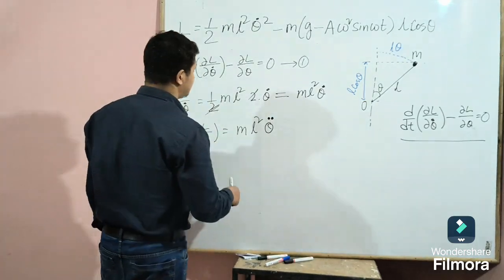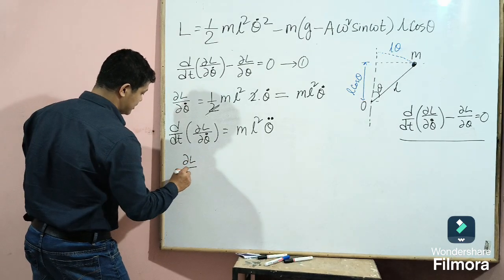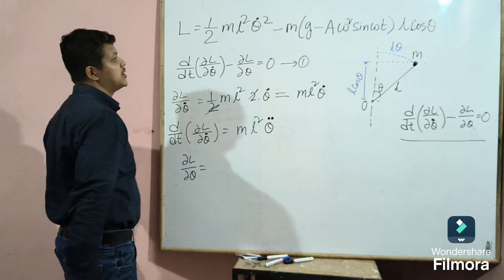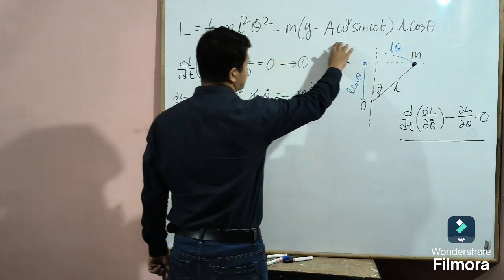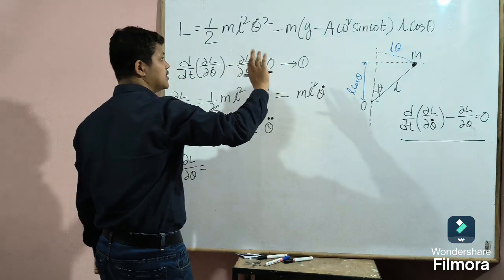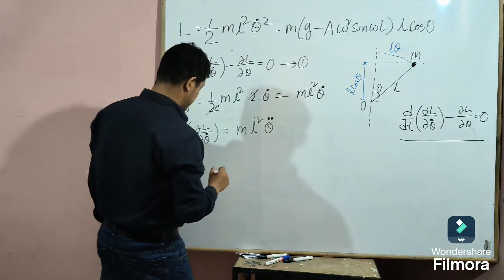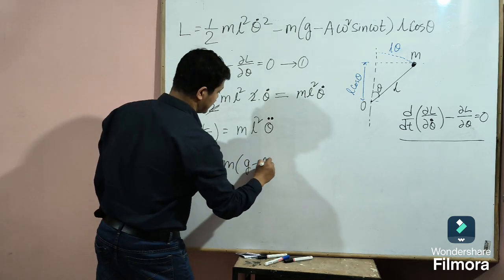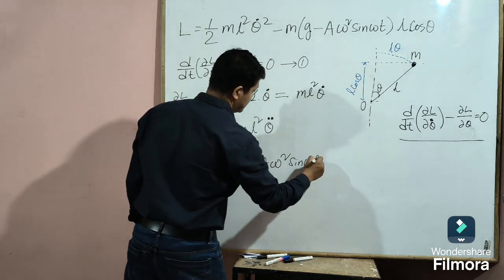So now let's find del L by del theta. If you differentiate it with respect to theta, the second part contains theta. So let me write here m into z minus a omega square sine omega t.